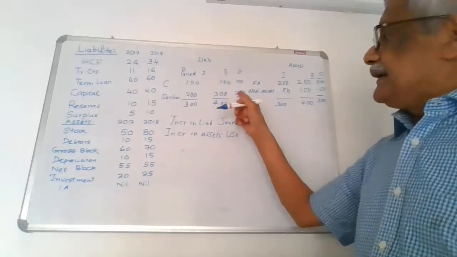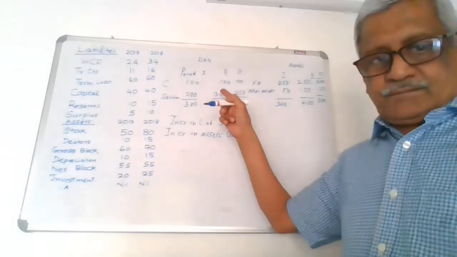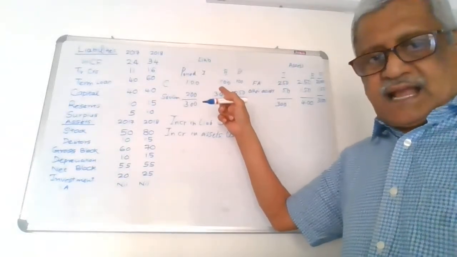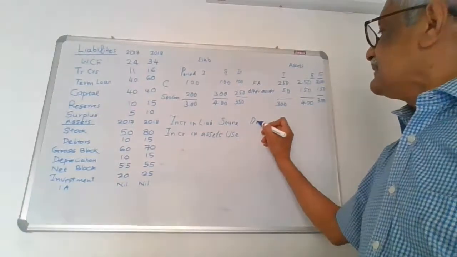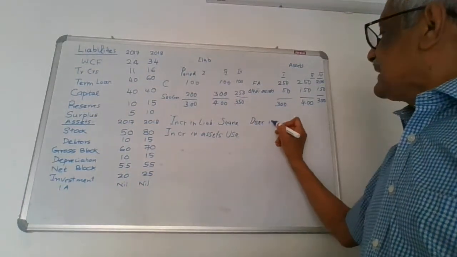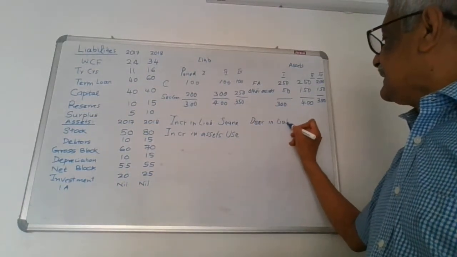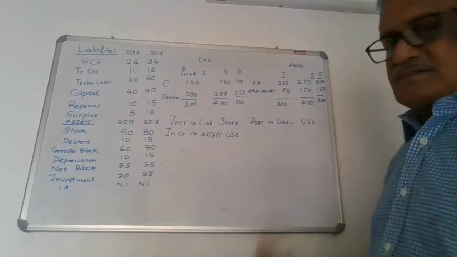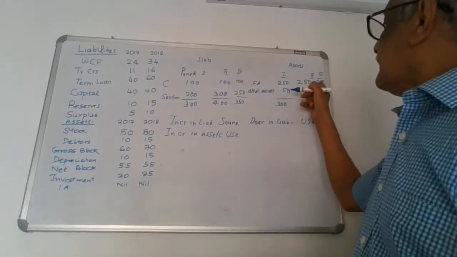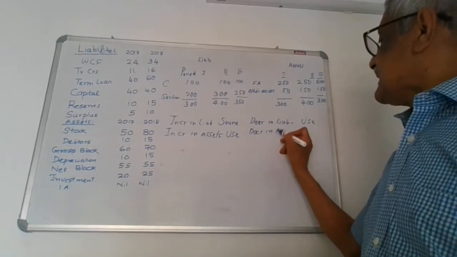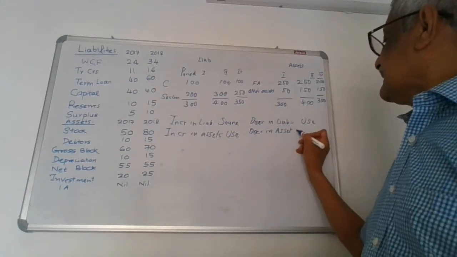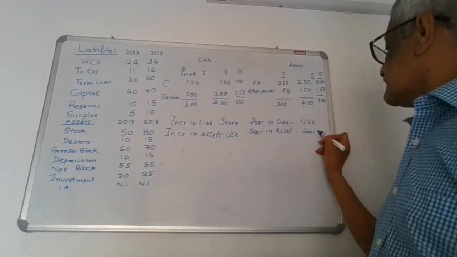So I repaid a loan of 50. That means I have decreased the liability. A decrease in liability is a use. But my asset has come down. That is, a decrease in asset is a source.